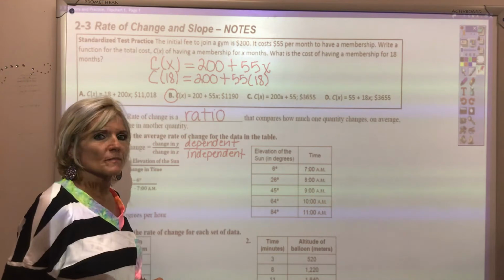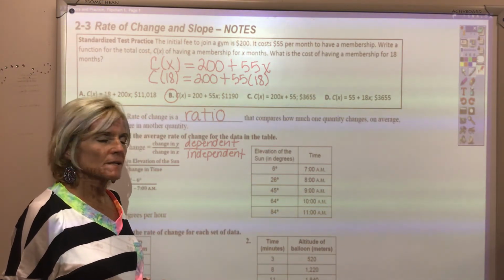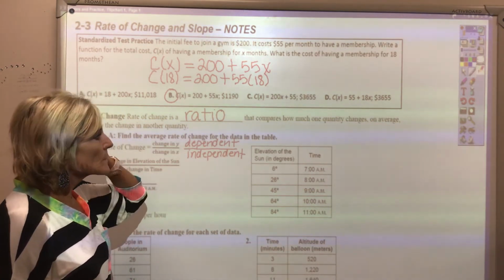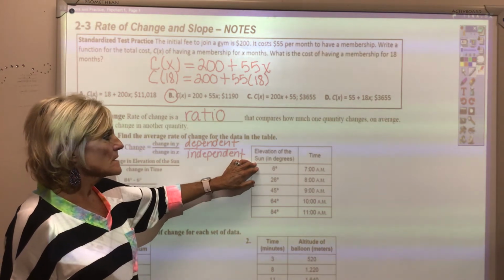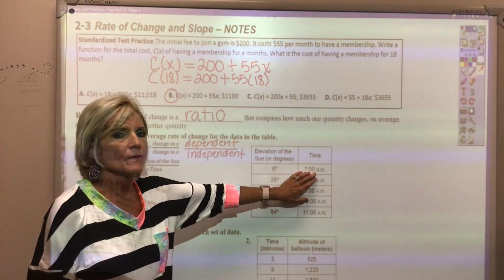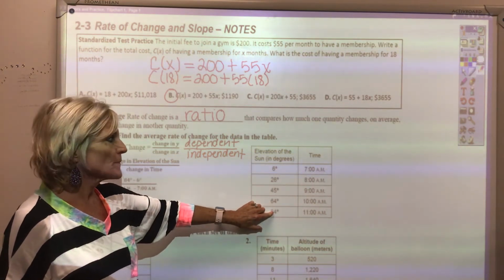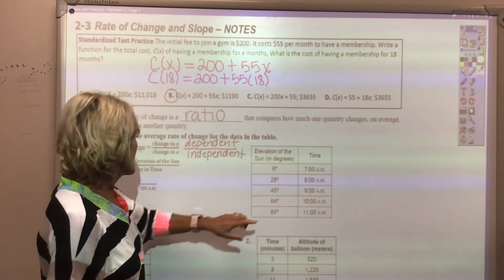And sometimes you might struggle with, well, what's the independent and what's the dependent? Well, in this first example, the elevation of the sun in degrees depends on the time. So the elevation is the dependent variable, and the time is the independent variable. And you can see how they worked that.